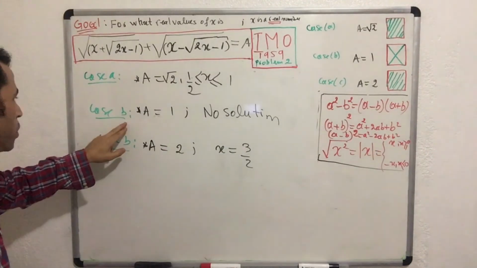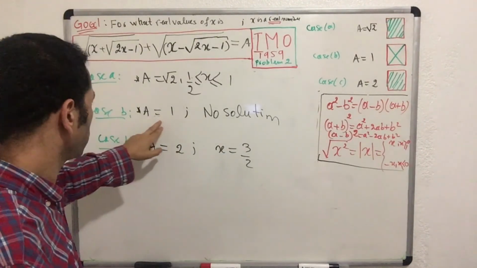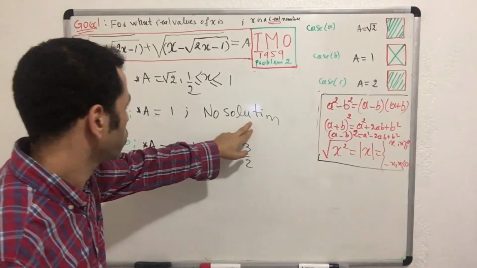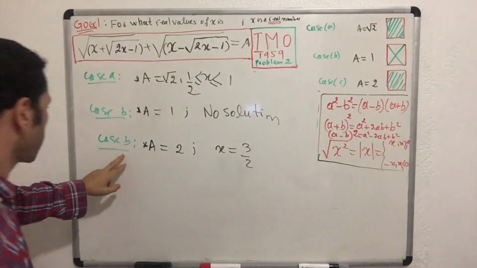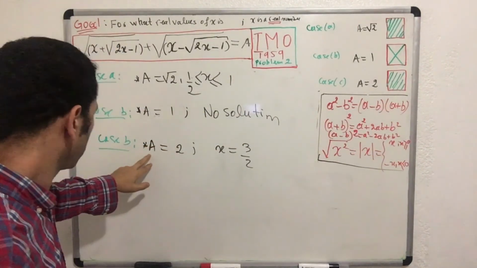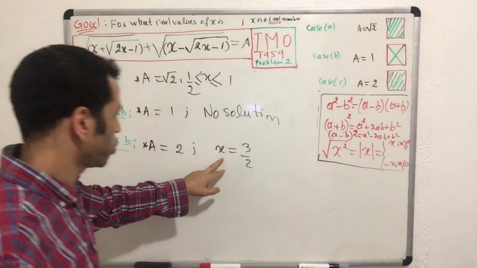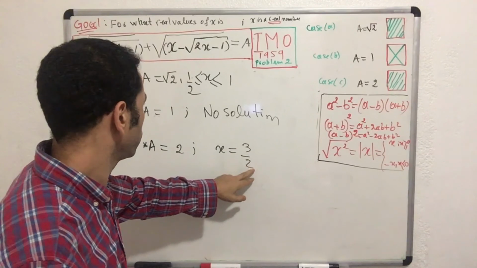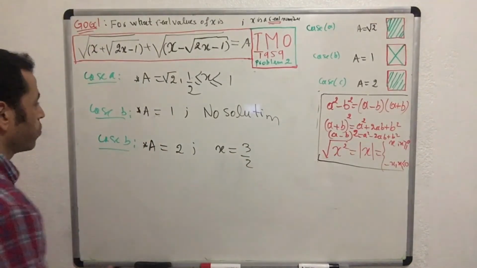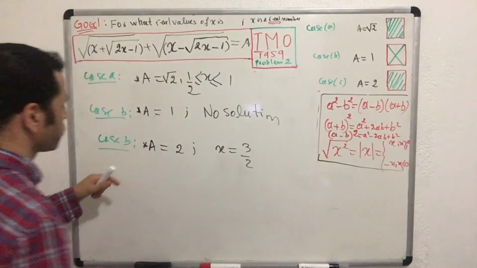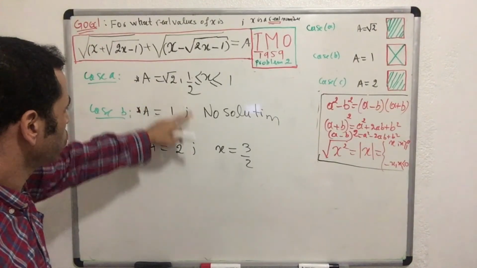For the case B, the capital A equal 1, there is no solution for this equation. In the last case, the capital A equal 2, that means you have only one solution, x equal 3 over 2. Okay, so for the solutions of these equations, we have 2 solutions.